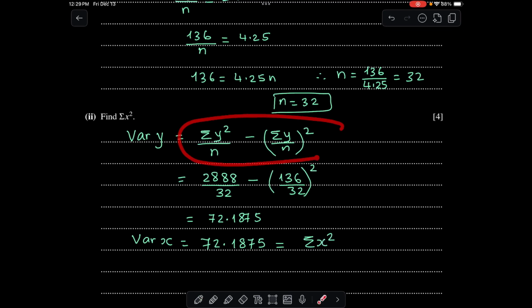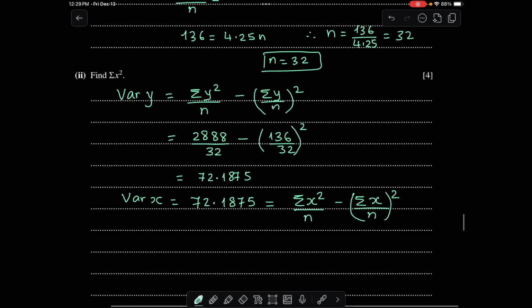The formula again, the same formula but now for x, equal to sum of x square over n minus the mean of x bracket square. Remember, the mean of x was given to us.